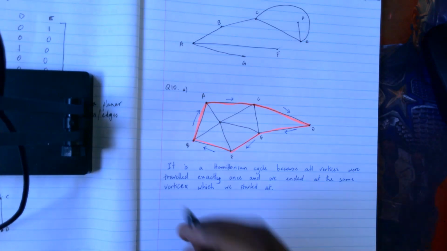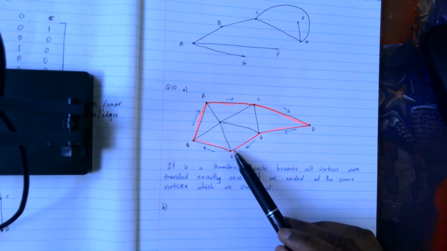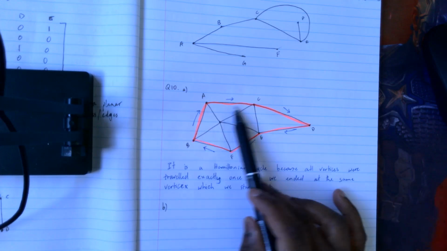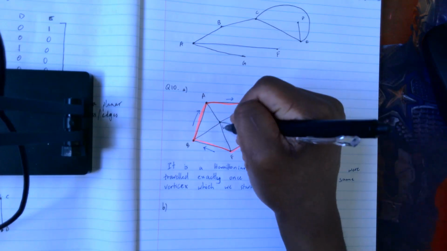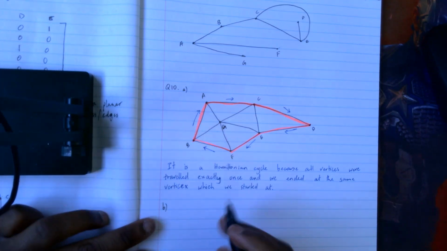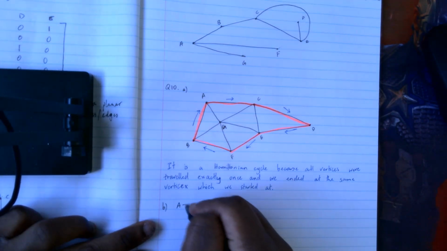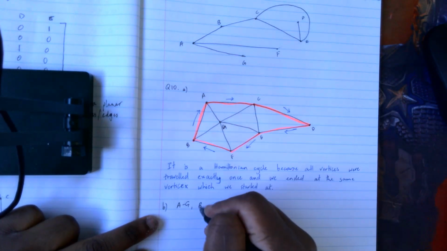And then part B, list any edge that the family does not travel on. Well, the highlighted is what they travel on, so anything not highlighted is what they didn't travel on. Just realized I didn't call that G. Alright, so they didn't travel from AG. They didn't go from BG.